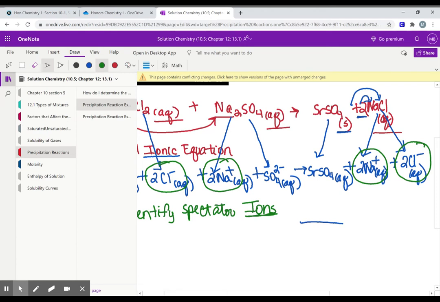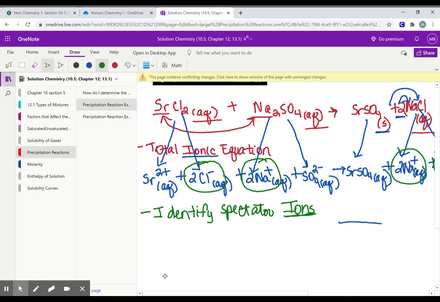All right, once I've identified my spectator ions, that brings us to the very last step, and that is to write our net ionic equation. Now, the net ionic equation is showing you the ions that are going to make up the precipitate.